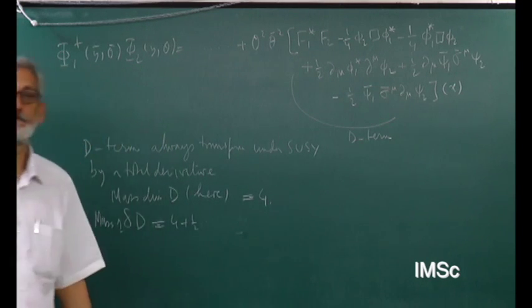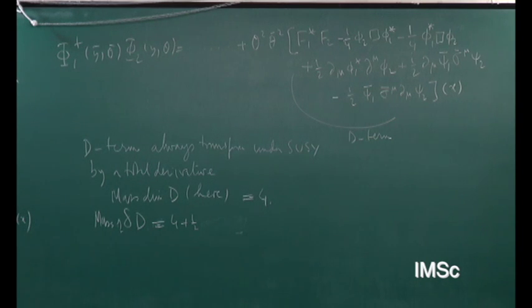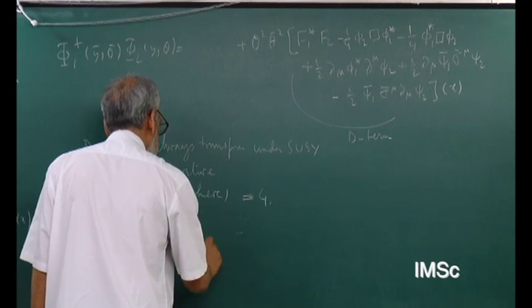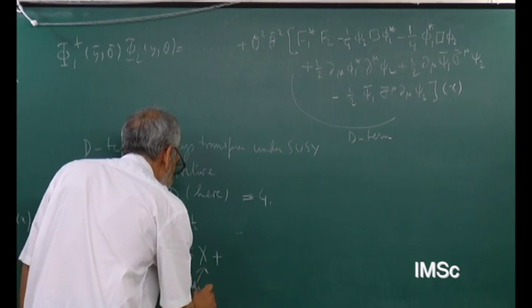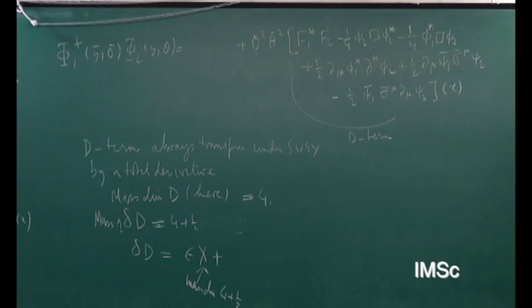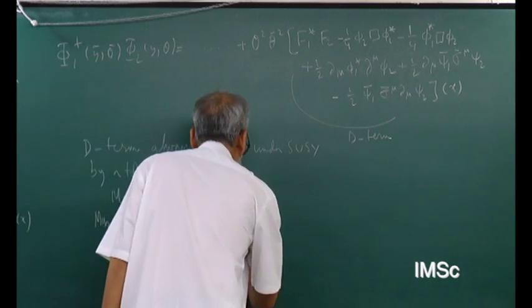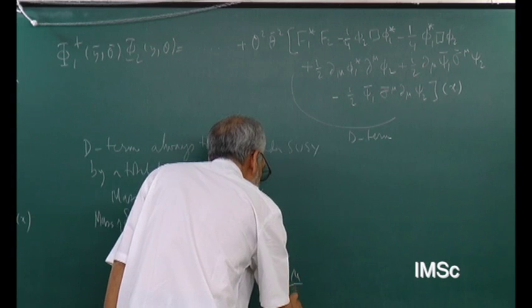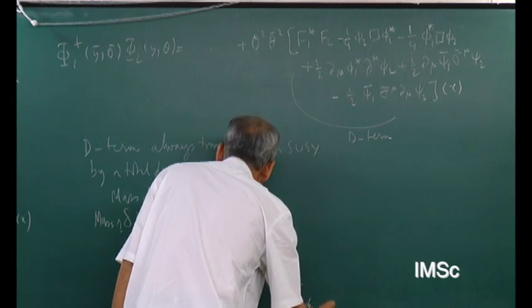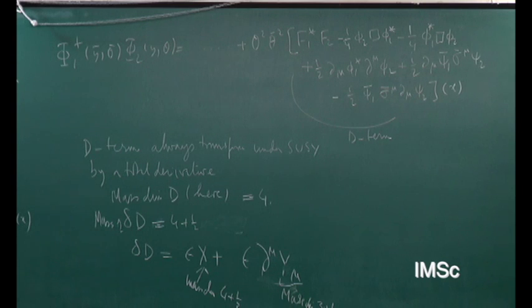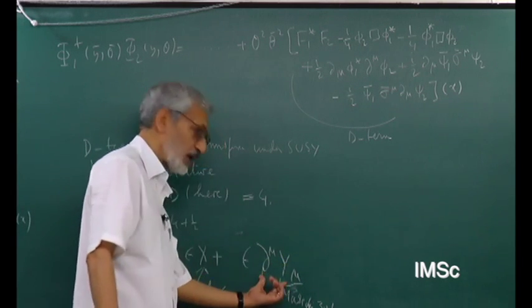So what I have here could be some epsilon times X, which is mass dimension 4 plus half, or epsilon times some derivative of M, where M is mass dimension 3 plus half, so that this is 4 plus half.